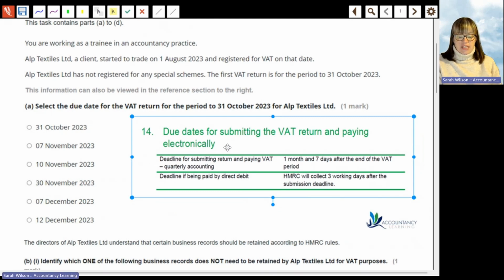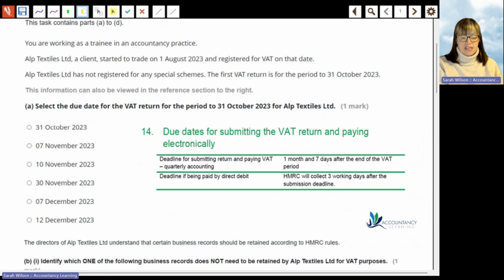It says that the deadline for submitting the VAT return is 1 month and 7 days after the end of the VAT period. The end of our period is the 31st of October 2023. So 1 month is going to be the end of November, and then 7 days goes into December. So our answer will be the 7th of December 2023.